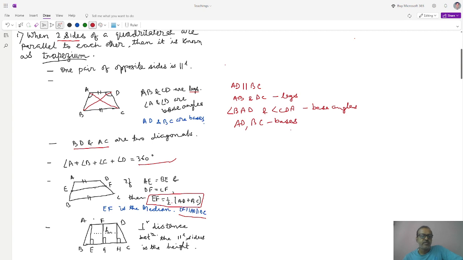I am showing that. Just draw a diagonal BD. You may add AC also, but I am joining B and D and get the diagonal BD. Then I got two triangles, triangle ABD and triangle BCD.